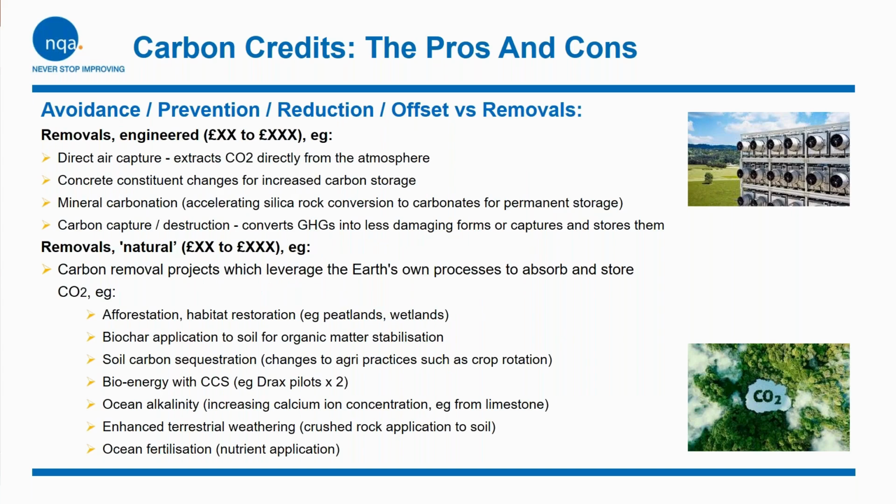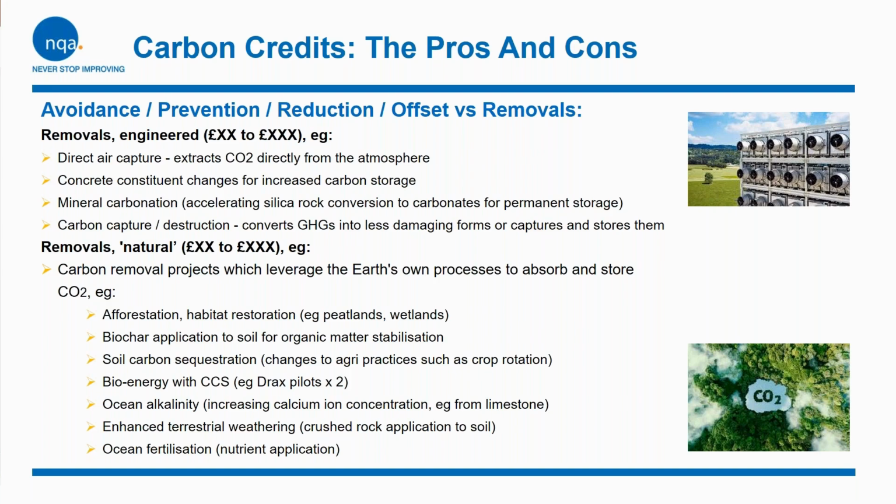So removals, engineered. So direct air capture extracts CO2 directly from the atmosphere. We've also got concrete changes for increased carbon storage. We've got mineral carbonation, so that's accelerating conversions to permanent storage, and carbon capture and destruction. It converts your greenhouse gases into less damaging forms or captures and stores them.